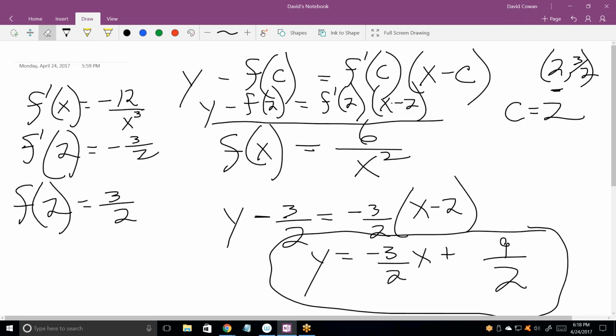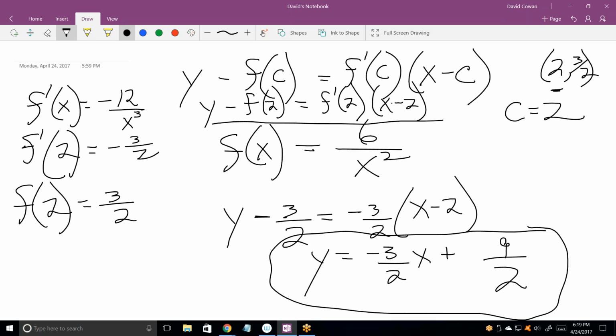And let's check it. The way we're going to check it is we're going to check values close to 2.